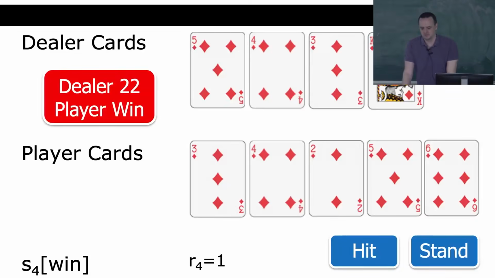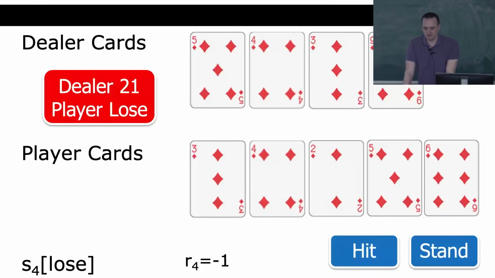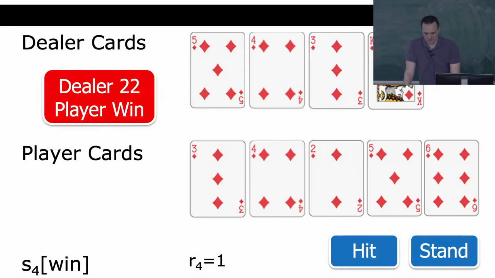But maybe this had happened where instead of getting the king to go to 22 and busting, they got a 9 and they got 21 and win, right? So this just shows you how in the same state with the same action, I ended up in a different state, right?